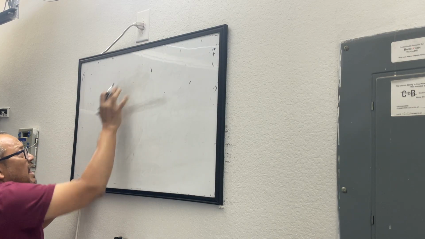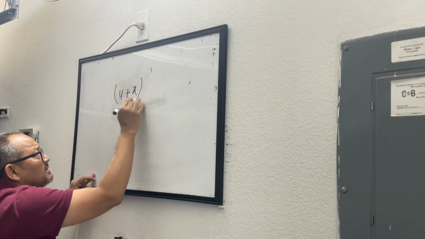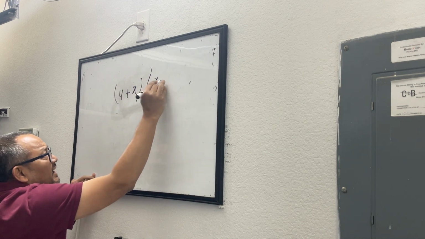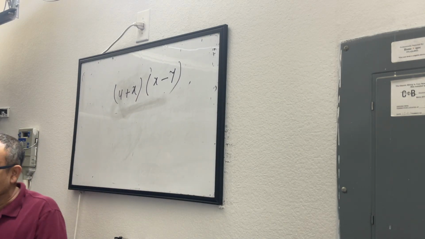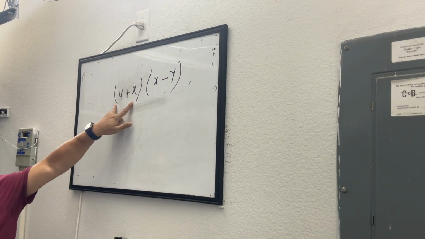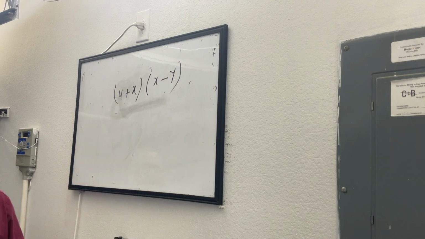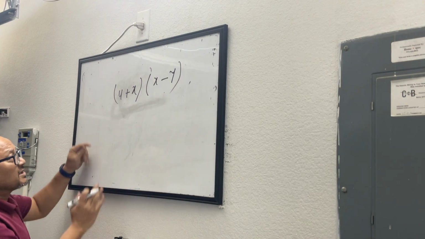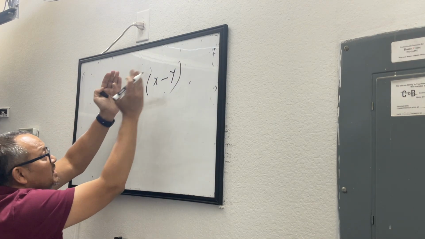If I say I want to find out (4 + x) times (x - y), now there are two monkeys inside this cage and two monkeys inside this cage. Same way, the distributive property says that you can distribute the whole thing, meaning you have something plus something times something.